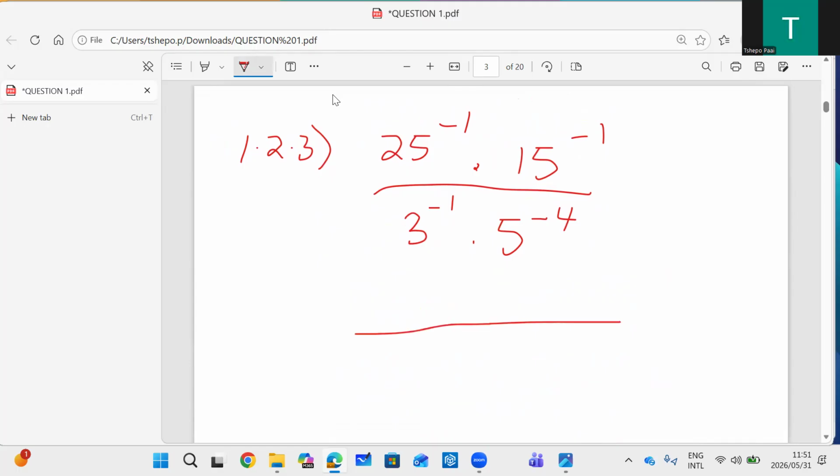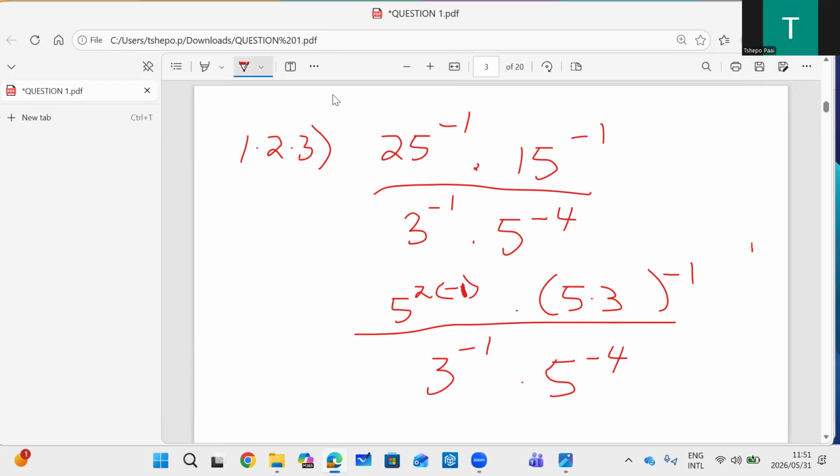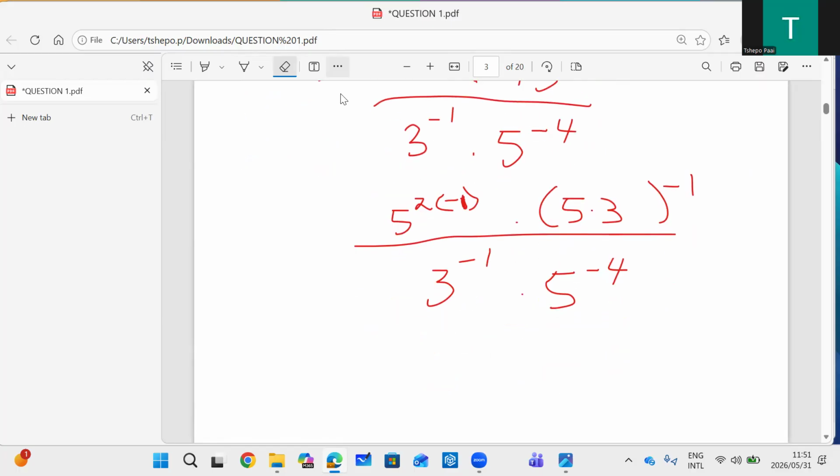Now we must write 25 in terms of a prime base, it's 5 squared. There is still negative 1 outside there, times 15 in terms of prime bases, it's 5 times 3. There is negative 1 there. Down here we have 3 to the exponent negative 1 times 5 to the exponent negative 4. Step by step.